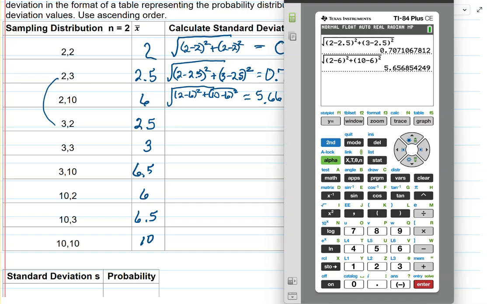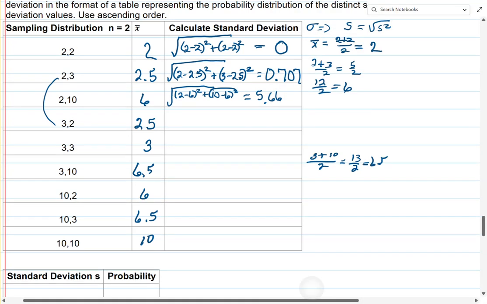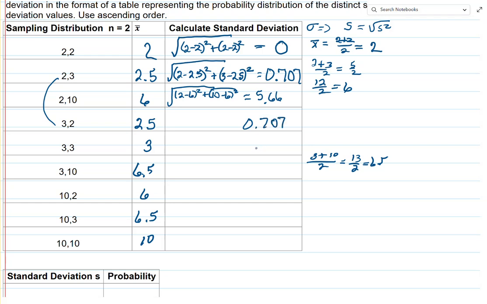So from the ordered pairs, so this is 0.707. The 3 is the same number, so that's a 0. There is no variance there. Now this one is a 3 and 10, and I don't have a 3 and 10. And this is the first 6.5. Okay, here we go. So I'm going to have 3 minus 6.5 squared plus 10 minus 6.5 squared.